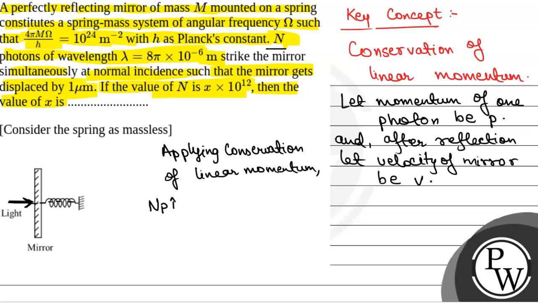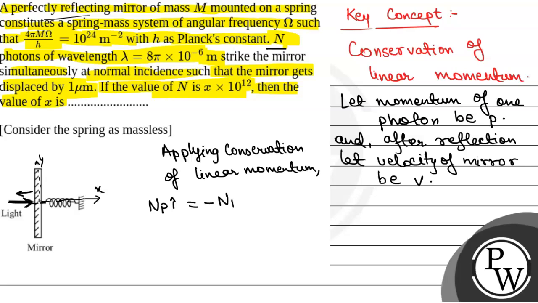If we take the direction of the mirror along the y-axis, then the photons are incident along the x-axis. That's why np i cap is the initial momentum, and it is a perfectly reflecting mirror, so all the photons will be reflected in the opposite direction.